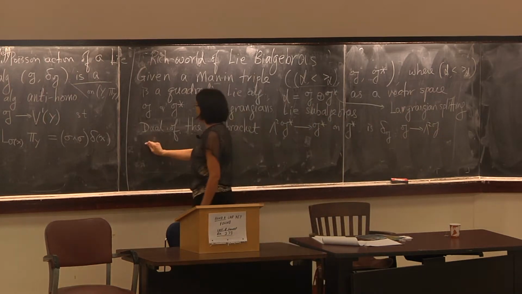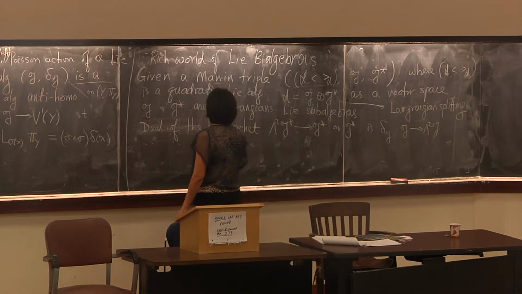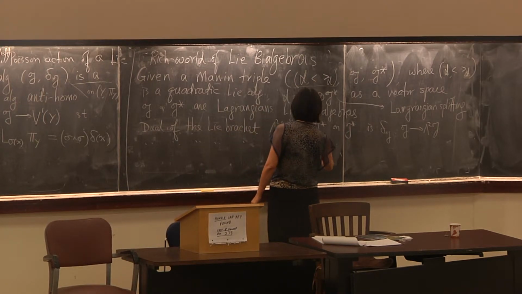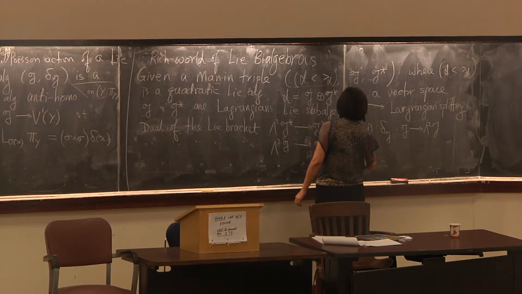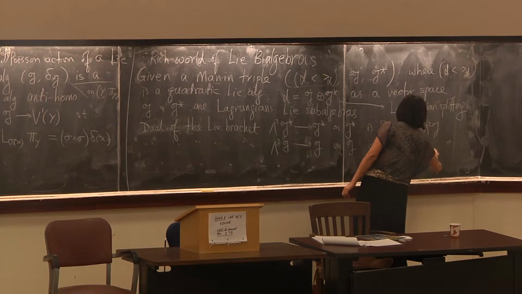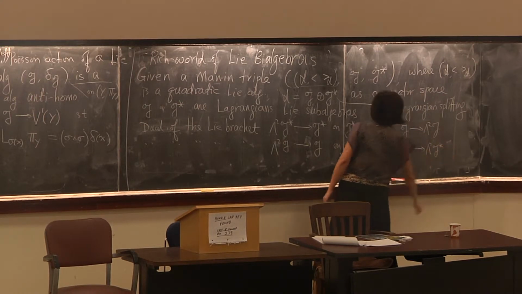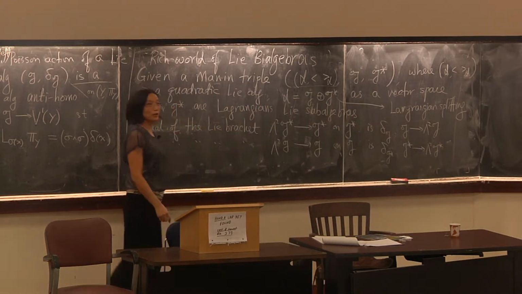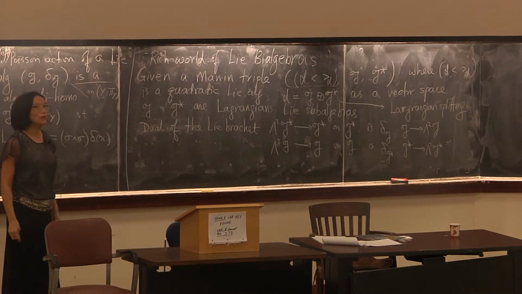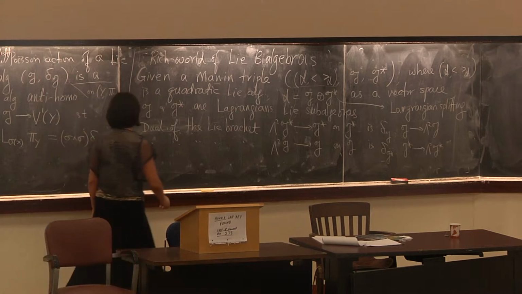Okay, and the same thing, the dual of the Lie bracket on G gives a map from G star to wedge two G star. Okay, and then the statement is that this way I get a pair of Lie bialgebras.